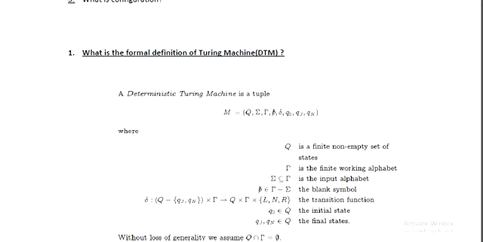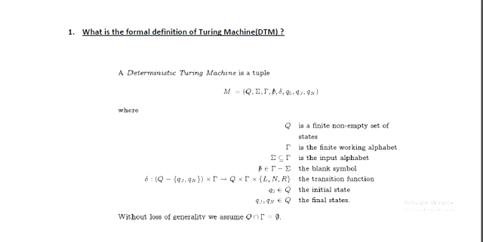We also have the initial state Q naught, and we have the final states Q yes and Q no, which belong to Q. Q yes means that the input is accepted by the Turing machine, and Q no means that the input is rejected.